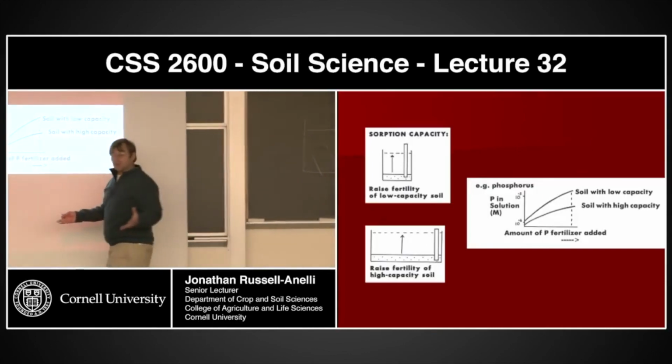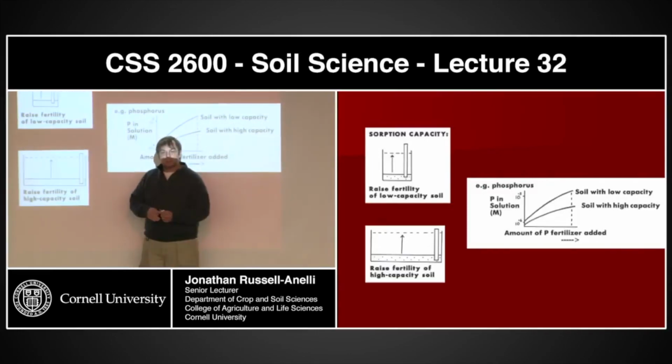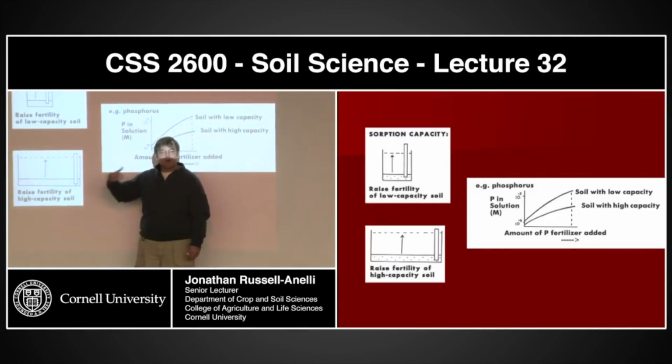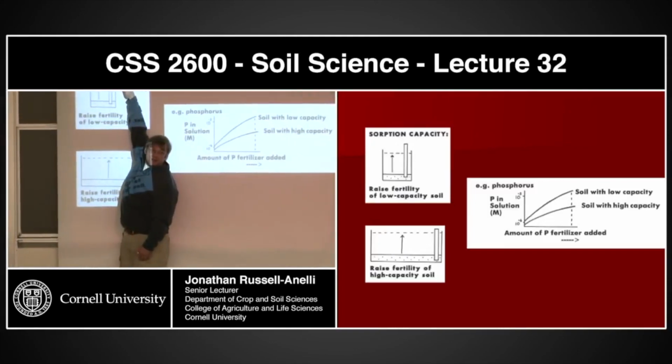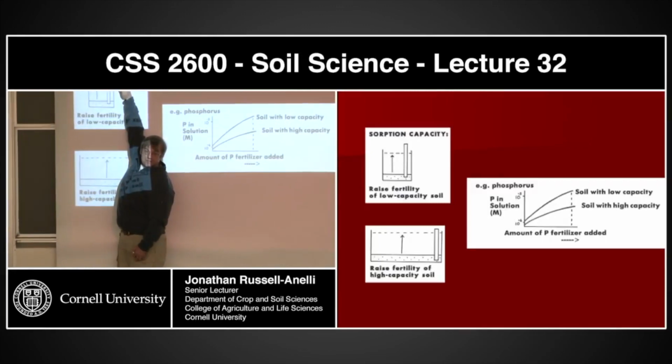The high capacity one, because I put in the same amount in each case. Say X amount, 100 pounds. In this one, it's going to bring it up this far. In this one, it's going to bring it up a lot higher. Does that make sense to everybody?